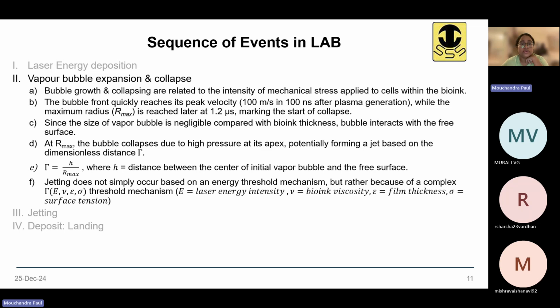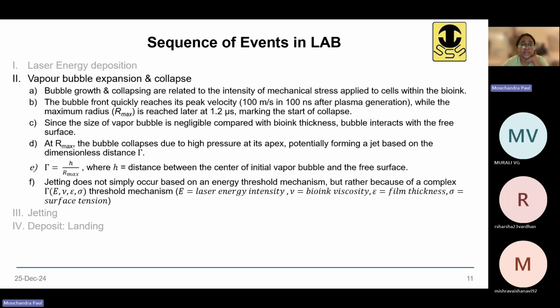Okay, so some numbers have been calculated to help you understand how fast or how big this bubble can get. If you look at point B, it says that the bubble front, that is the apex of the bubble, can quickly reach its peak velocity, that is 100 meter per second. It should be, I think, mm. I don't know, but it can reach this peak velocity within 100 nanoseconds.